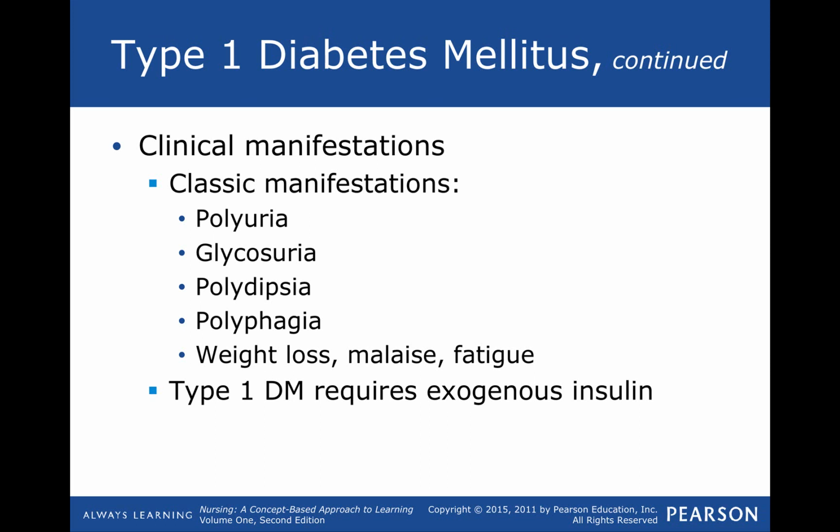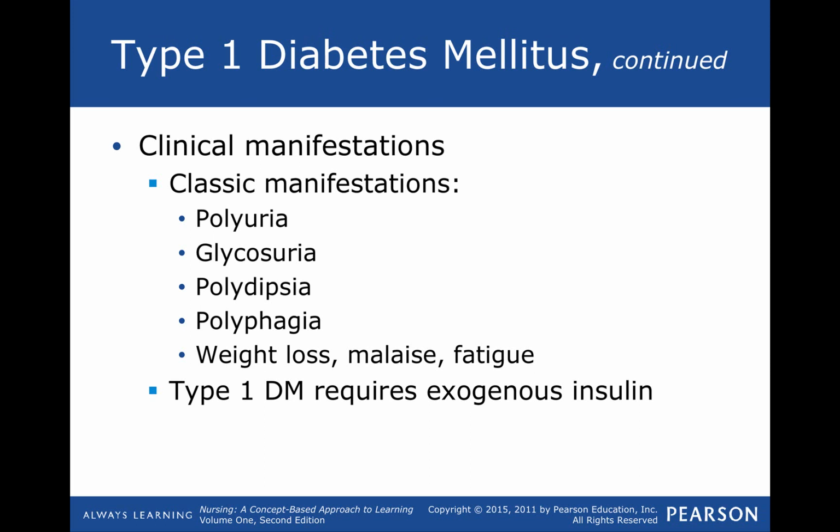And this can contribute to blurred vision because of this osmotic effect that I said about drawing water from intracellular into circulation. This osmotic effect can cause the lens of the eyes to swell. So you can see what an important part insulin plays on everything.